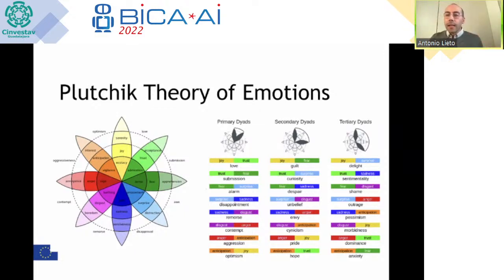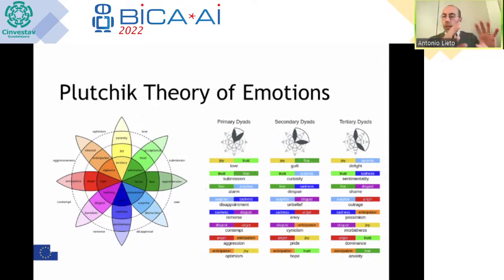So the idea is that there are some very basic emotions like joy, trust, and so on. And then there are different kinds of dyads, which can be primary, secondary, or tertiary dyads, based on the combination of different emotions. For example, the concept of love, according to this theory, can be obtained by the combination of the concept of joy and the concept of trust.